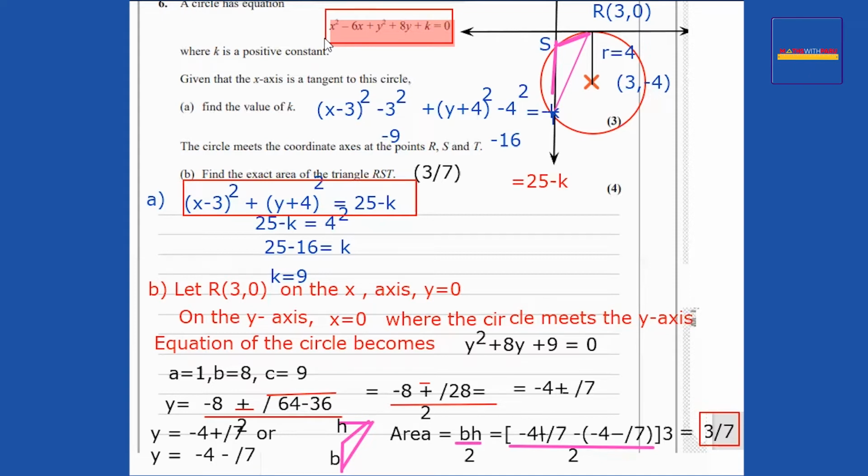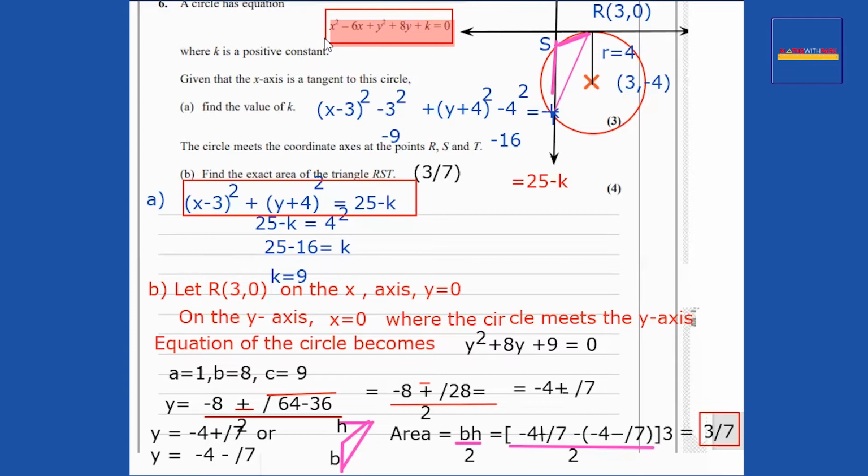Now 0 minus 3, the whole thing squared, is going to be 9. I'm going to take the 9 to the other side. So that will be y plus 4, the whole thing squared, is equal to 16 minus 9.